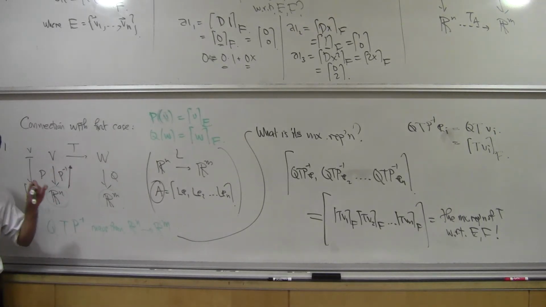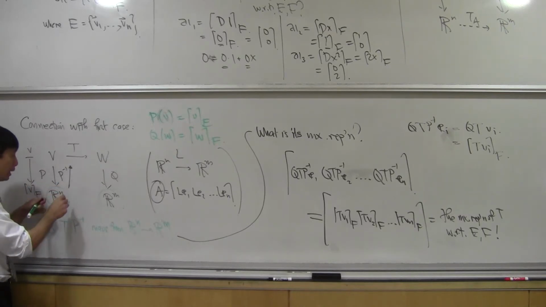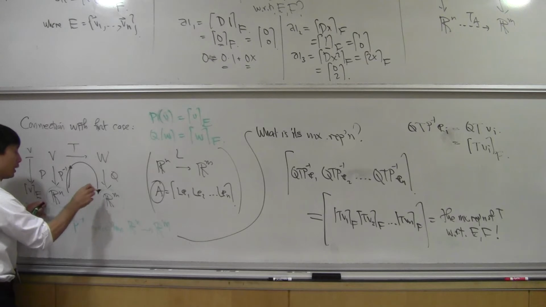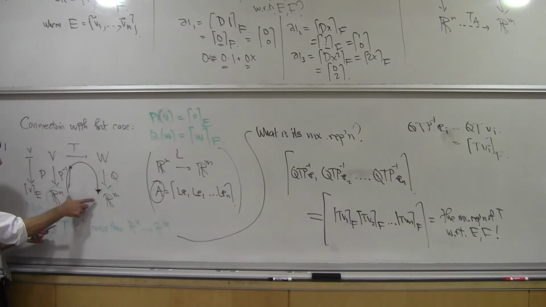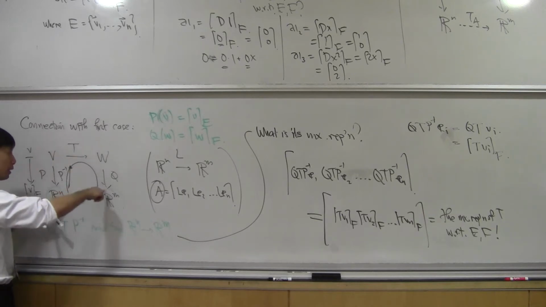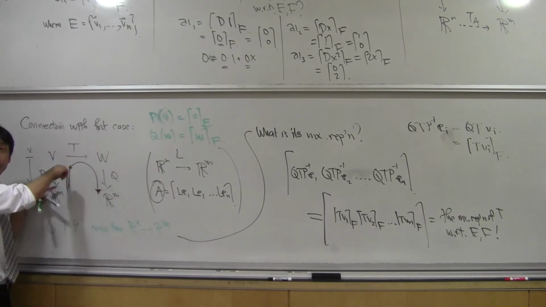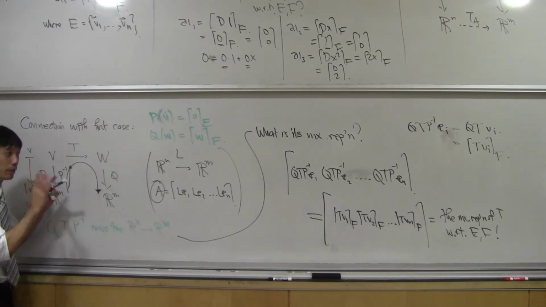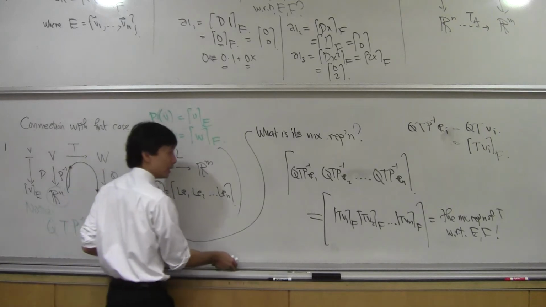The point is just that if you look at this map going like this, and you look at the matrix that represents that, that's the same matrix that makes the diagram commute. Don't worry about it if that didn't make any sense.